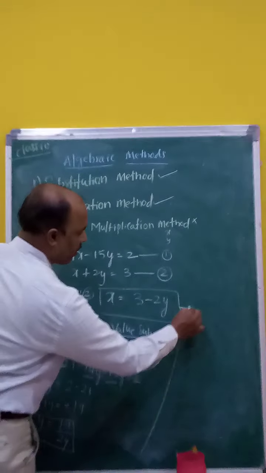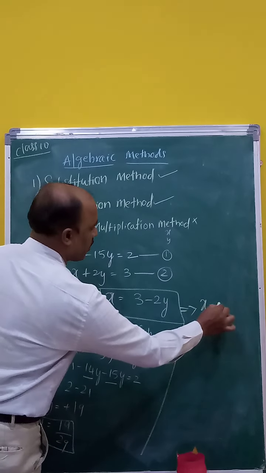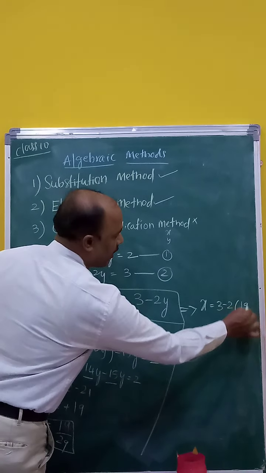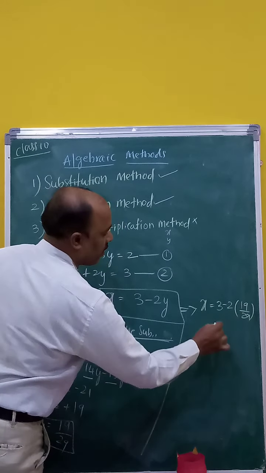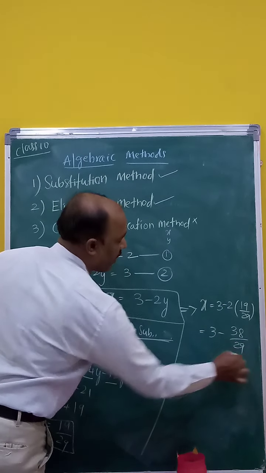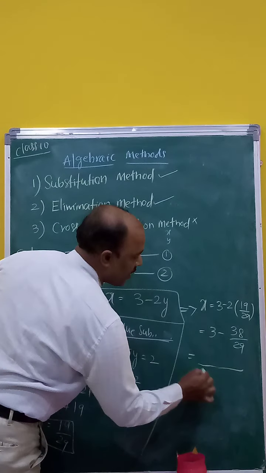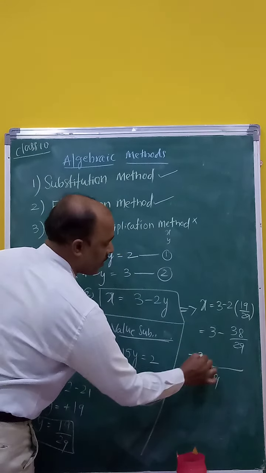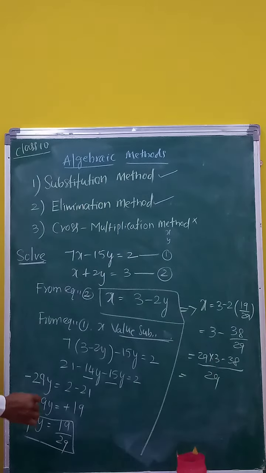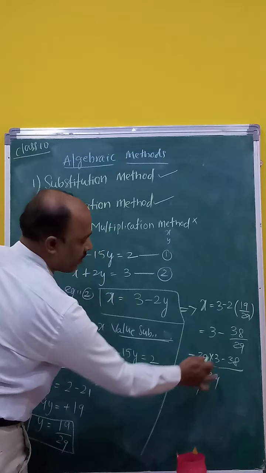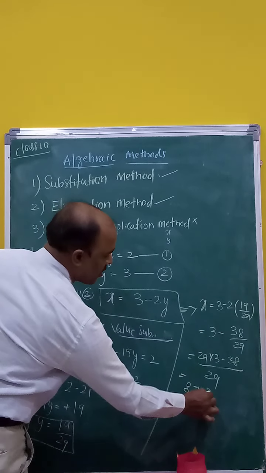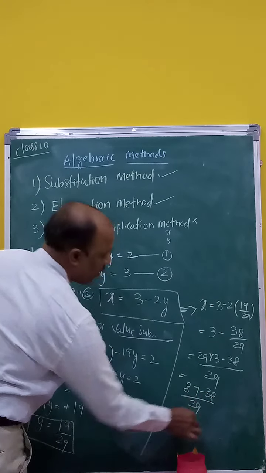So x is equal to 3 minus 2 into 19 by 29, which is 3 minus 38 by 29. 29 is the LCM. 29 3s are 87, so 87 minus 38 by 29.